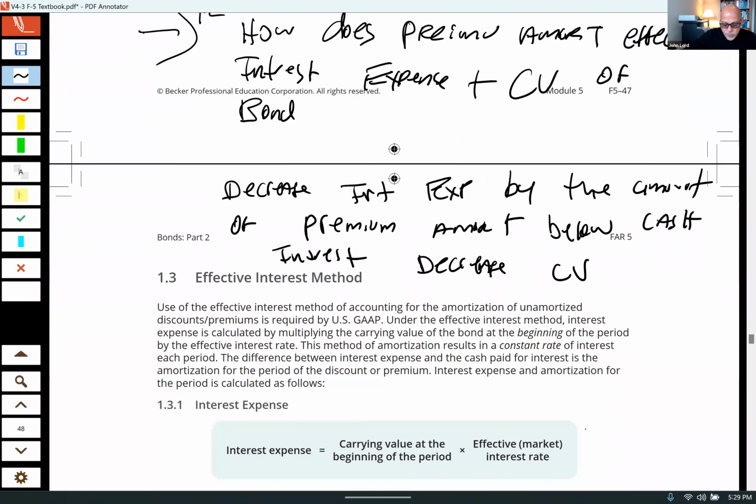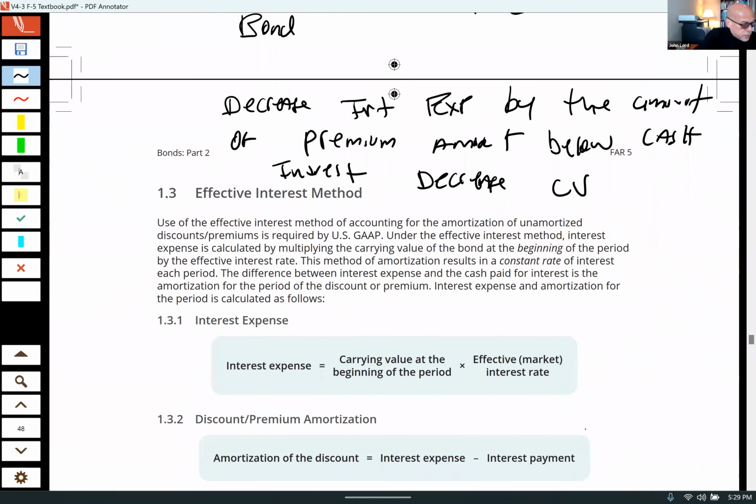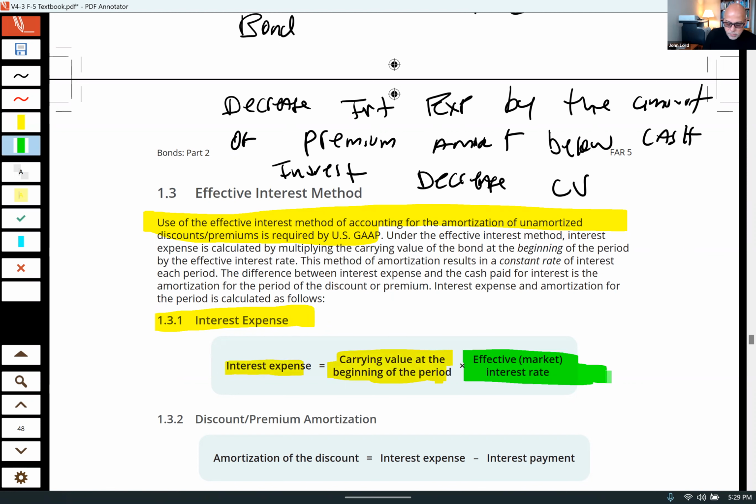Okay, good. Now, effective interest method, as we have said, is what's required by GAAP. Okay, so certainly the question is going to ask you that. Okay, so your interest expense is going to be whatever the carrying value of the bond is at the beginning of the period times the effective market rate of interest.